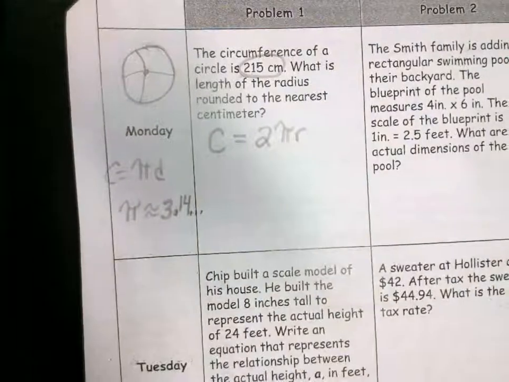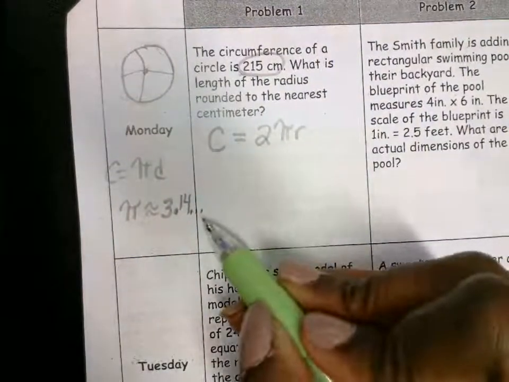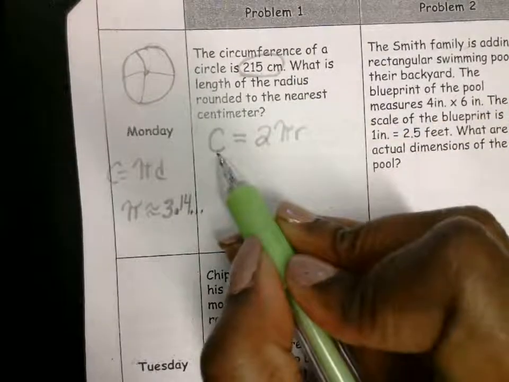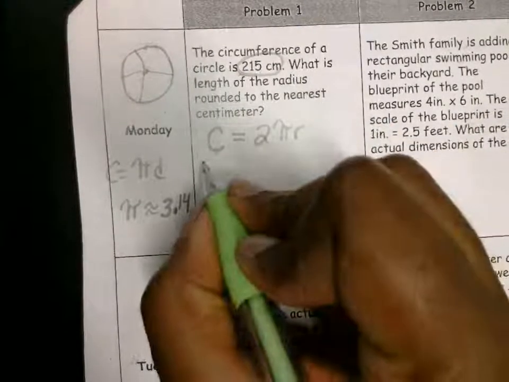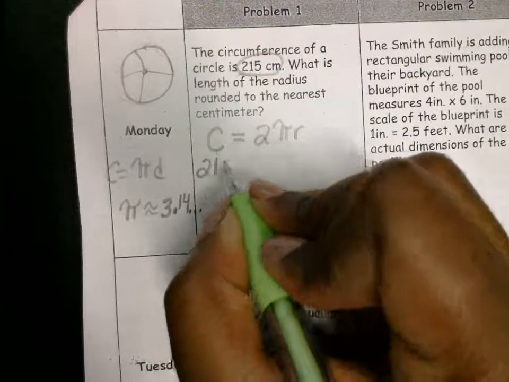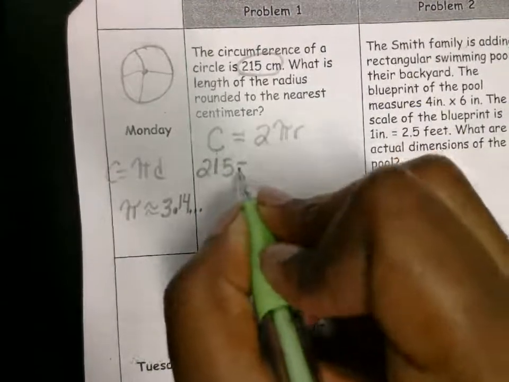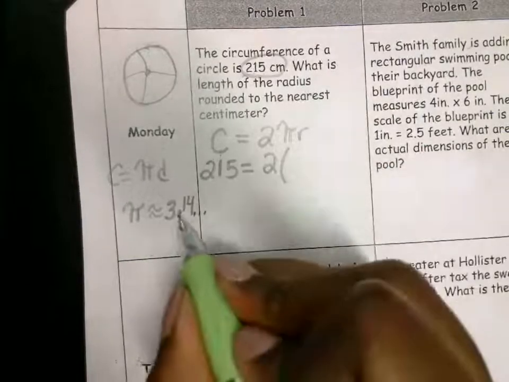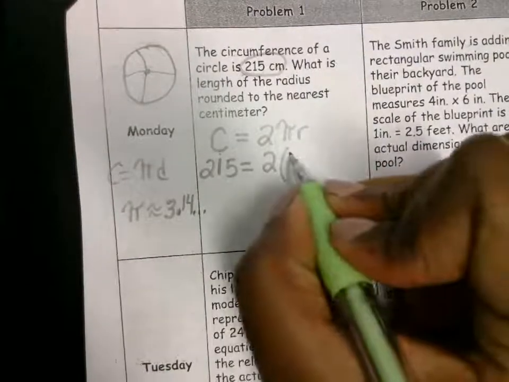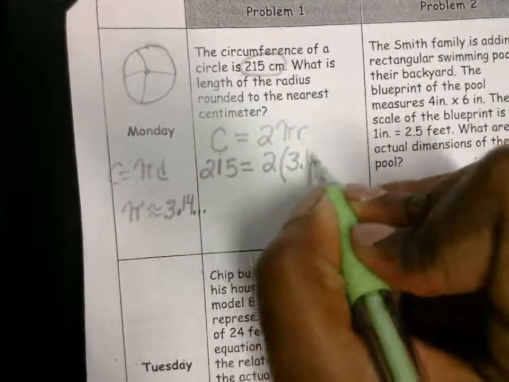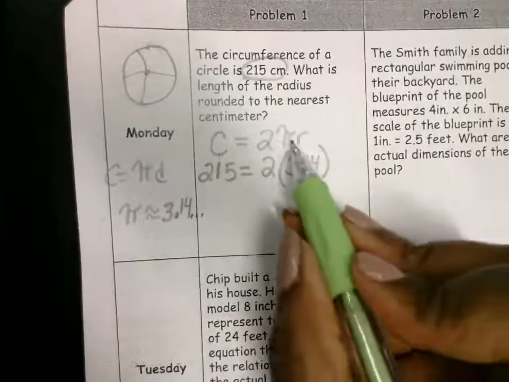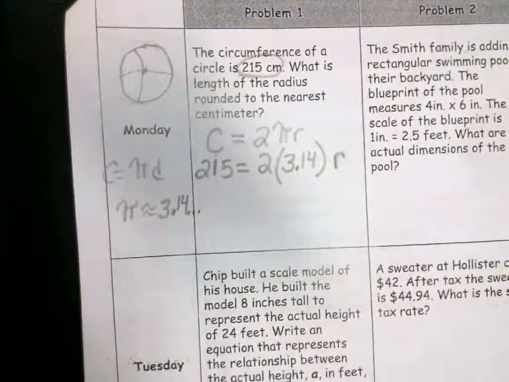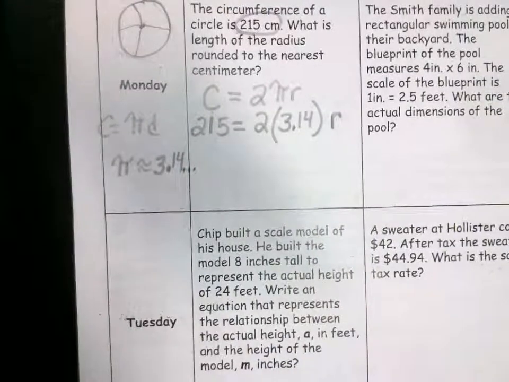Put the dots at the end. So we're going to substitute the circumference 215 in the place of C. So let's put 215 here. Bring down the equal. 2 times 3.14 times r. And r is the variable that we're looking for. We're looking for a value for r.